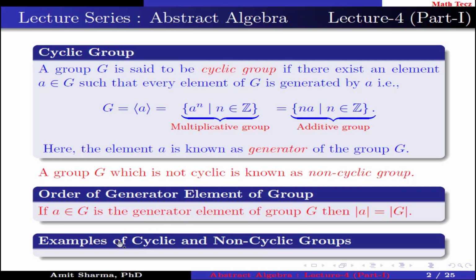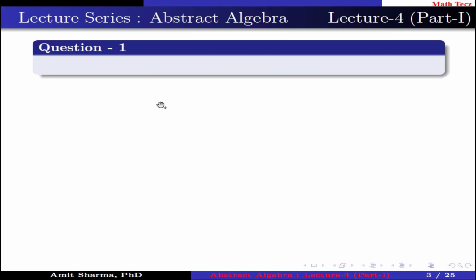Next is examples of cyclic and non-cyclic groups. Question number 1. Show that Z under addition is a cyclic group.